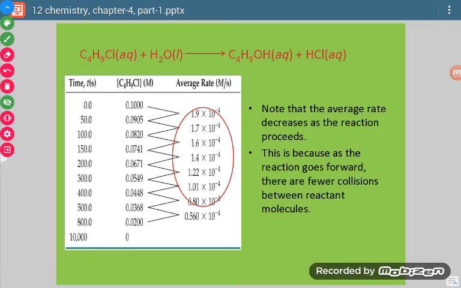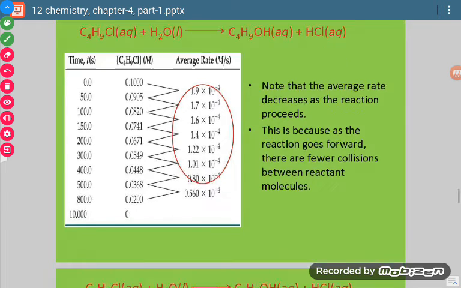In the beginning, reactants are maximum, so collisions are maximum. With the passage of time, the reactant amount keeps on decreasing, so the number of collisions keeps on decreasing. So the rate of reaction, that is the speed of reaction, keeps on decreasing.